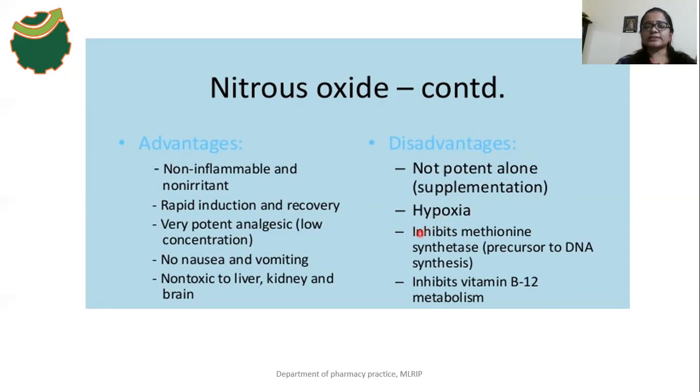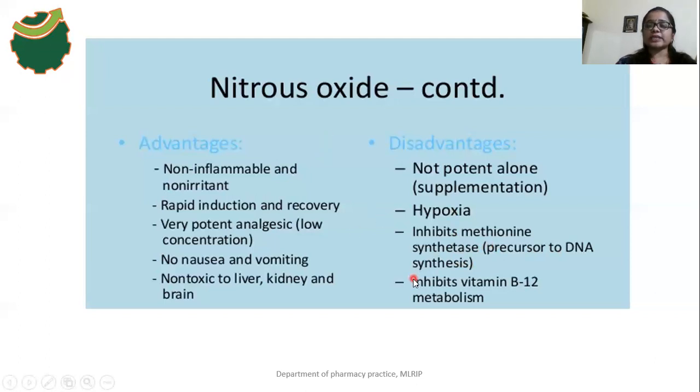Nitrous oxide inhibits methionine synthetase. It inhibits what? Methionine synthetase. So what is methionine synthetase? It is a precursor, and this precursor is required for DNA synthesis. So nitrous oxide inhibits the methionine synthetase enzyme, which means it also inhibits DNA synthesis in the cell.